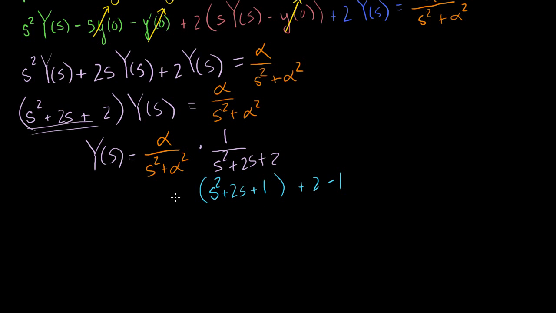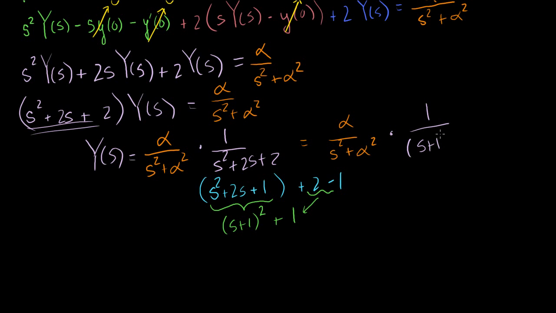But now I can rewrite this term as s plus 1 squared. And then this becomes plus 1. That's the plus 1 term right here. So I could rewrite my whole Y of s as alpha over s squared plus alpha squared times 1 over s plus 1 squared plus 1.